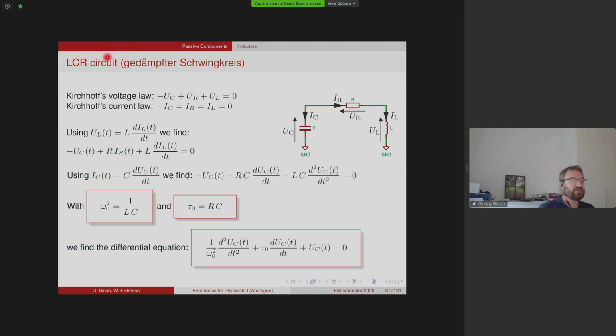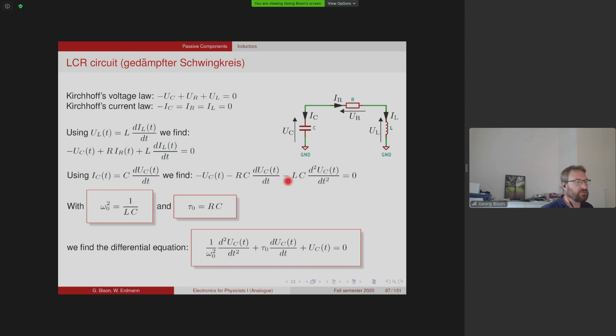Getting the differential equation to calculate this is straightforward, as we used before. So first of all, we use the defining equation of an inductor. Insert this one into the voltage law. Then we use again the defining equation of the capacitor.